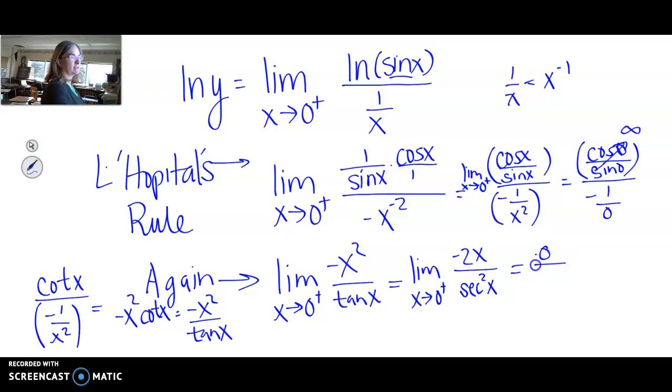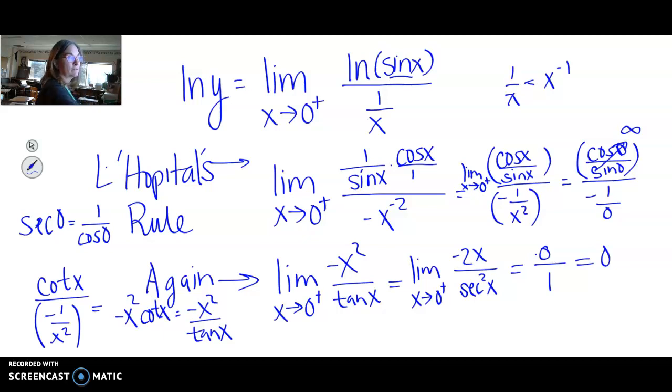And in the denominator, the secant of 0 is equal to 1 over the cosine of 0. If you remember what cosine of 0 is, it is 1. So the secant of 0 is 1, and 1 squared is 1. This is no longer indeterminate form. This is actually equal to 0. 0 divided by a number that isn't 0 or infinity is 0.